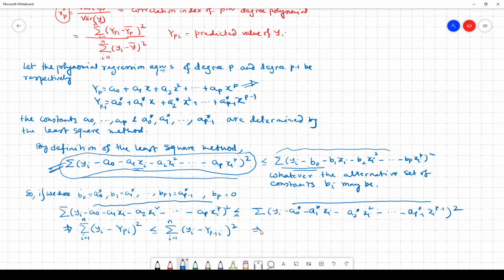If you divide both sides by the same quantity, the inequality is unchanged.